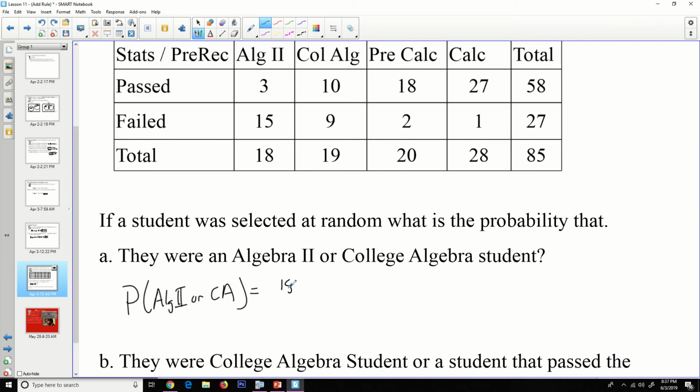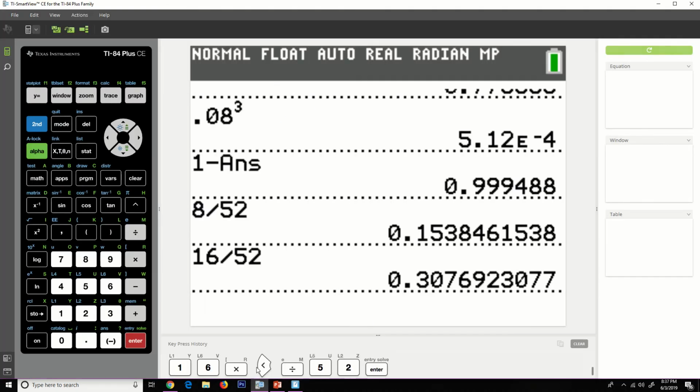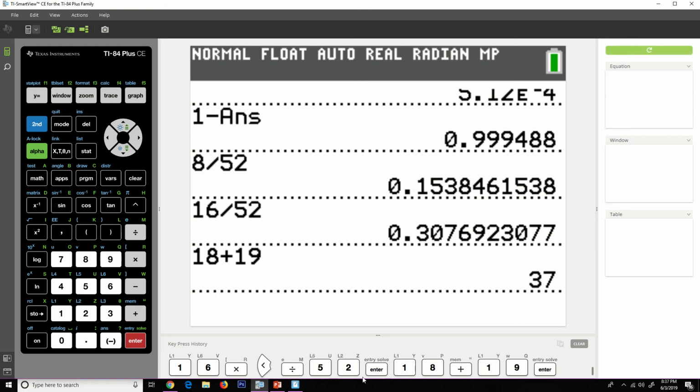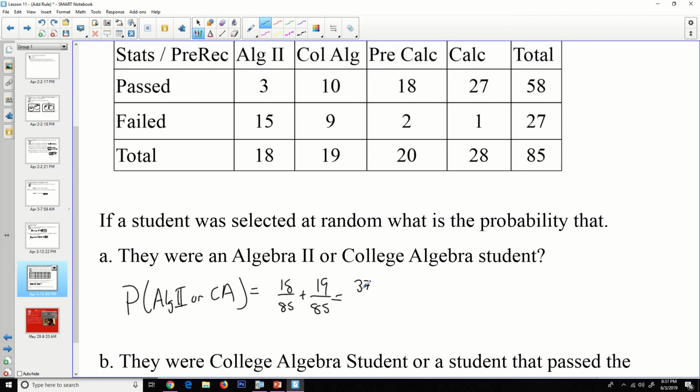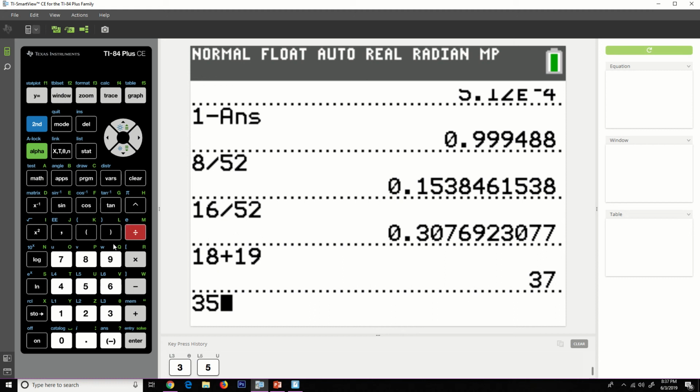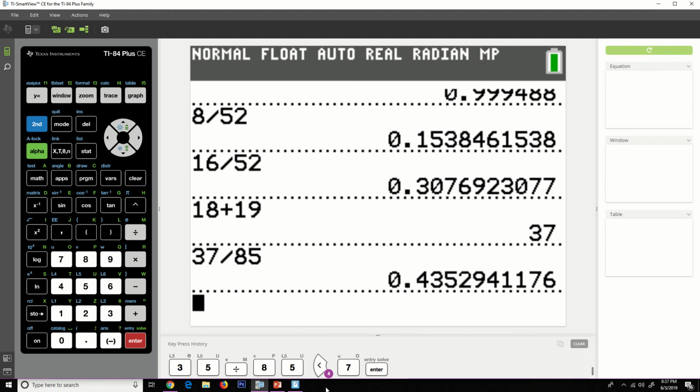There are 18 out of 85 algebra 2 students. There are 19 out of 85 college algebra students. There's no overlap. These are mutually exclusive. And so 18 plus 19 is 37, so 37 out of 85. 37 divided by 85 is 0.435.